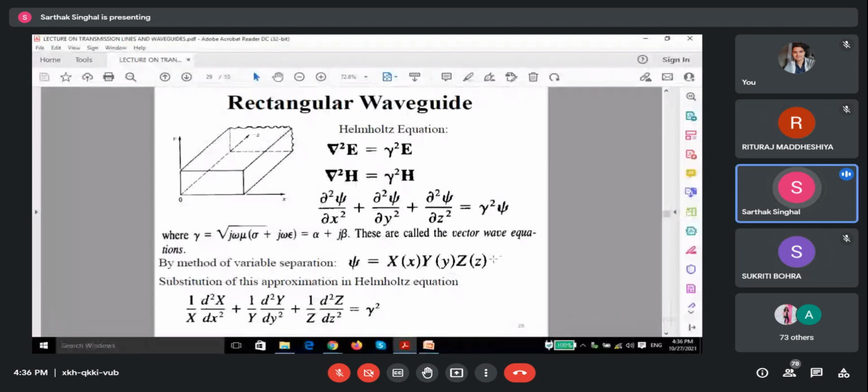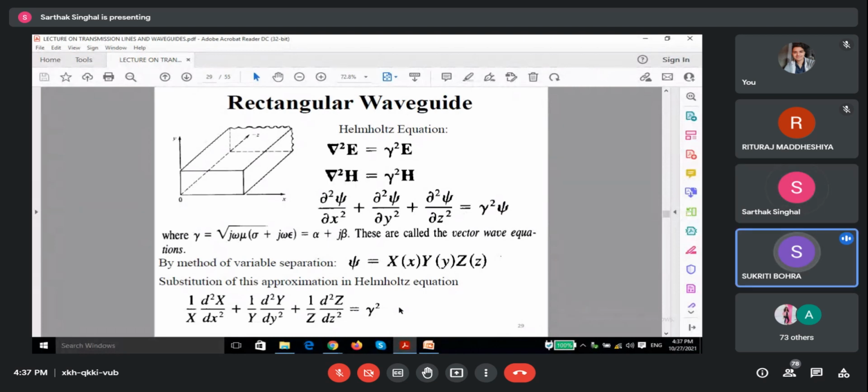So if I put this value of psi in this equation, what will I get? I will get 1 upon X, d square X upon dx square, and so on, equal to gamma square.